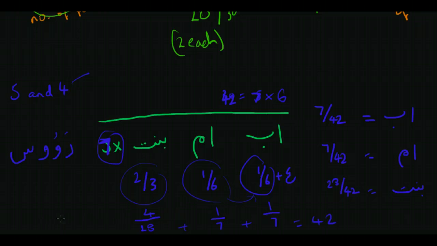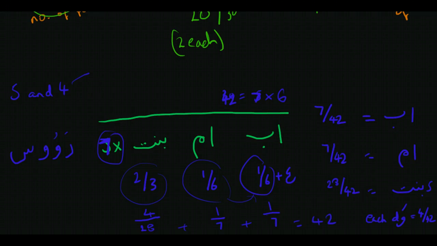So each daughter gets 4 parts from 42. So we have 7 of them. 4 times 7 is 28, and then we add the parts that the mother and father get.